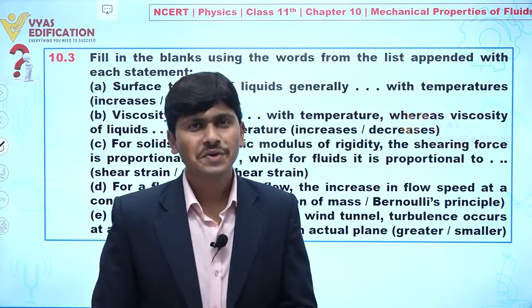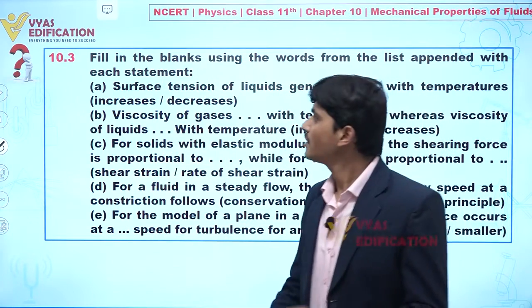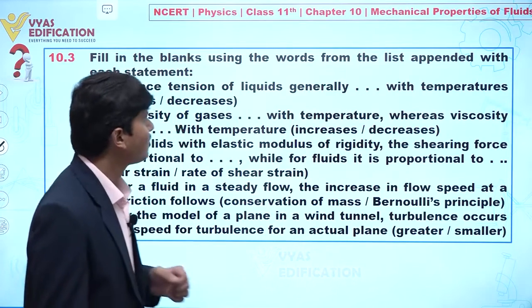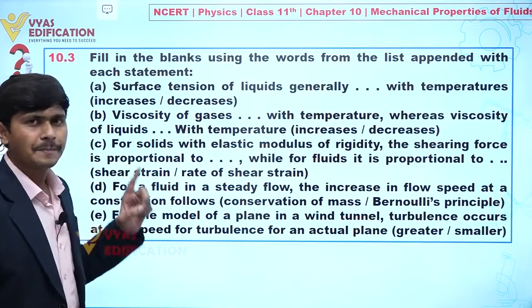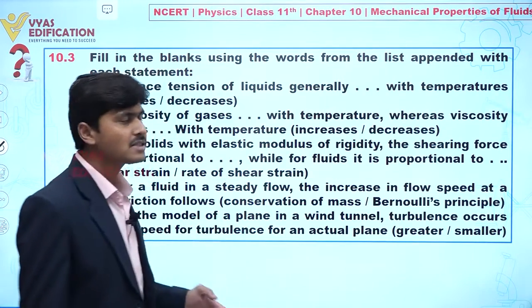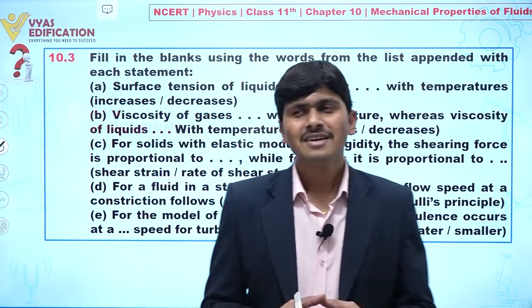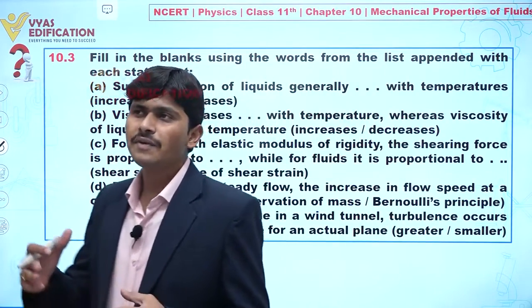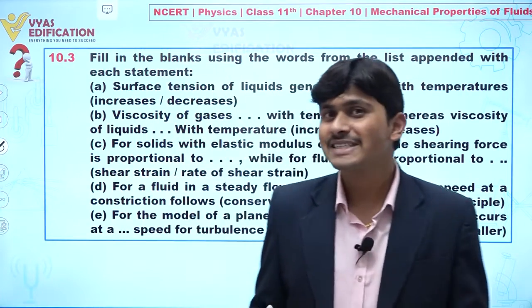Now we are going to discuss question number 10.3, a fill in the blanks question. Part A: the surface tension of a liquid generally blank with temperature. The general logic is that if we increase temperature, surface tension decreases.